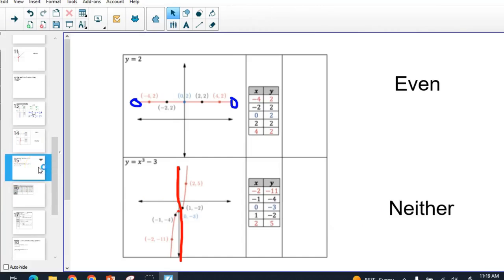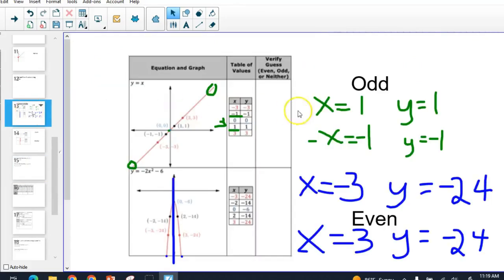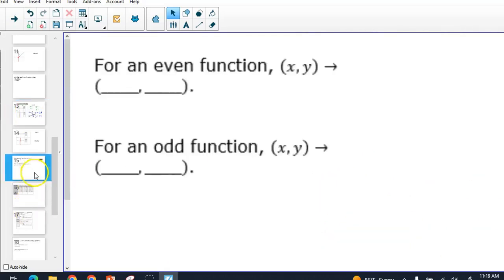Okay. Well, let's try to make some rules out of our odd and even functions. So with our even functions, if we had an x and a y, when I had a negative x, just the opposite of it, the y value stayed the same.